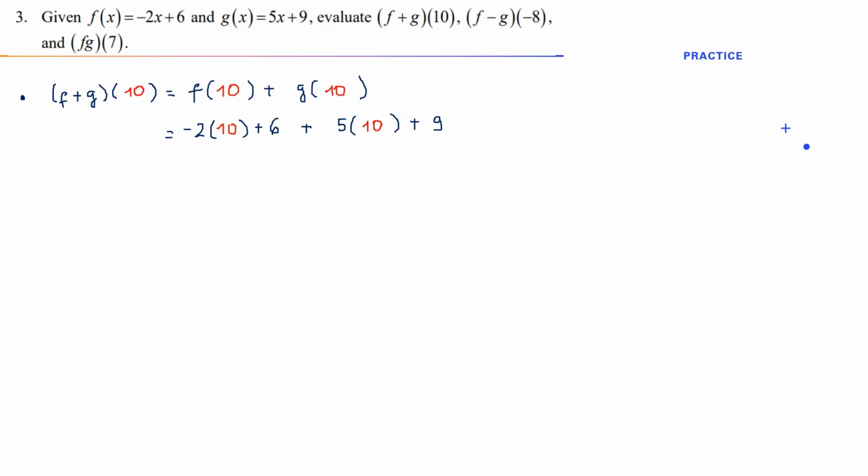Okay, this is f of x, that is g of x. Now we evaluate this. -20 plus 6 plus 50 plus 9. So 50 minus 20 is 30, and 9 is 39, and 6 is 45.